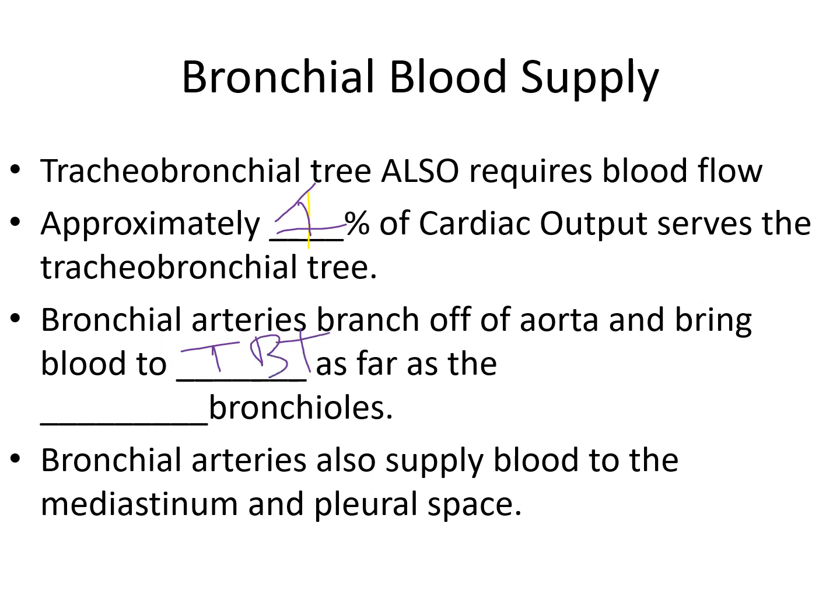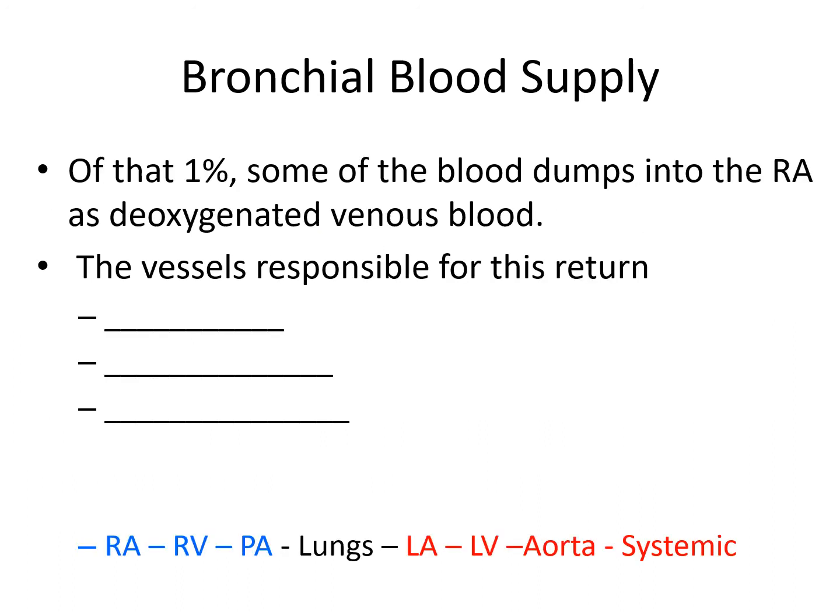What's the last part of the tracheobronchial tree? Don't let it terminal you, right? The terminal bronchioles. The bronchial arteries also supply blood to the mediastinum and the pleural space as well. So we have some good blood supply. So 1% of the cardiac output will serve the tracheobronchial tree all the way down to the terminal bronchioles.